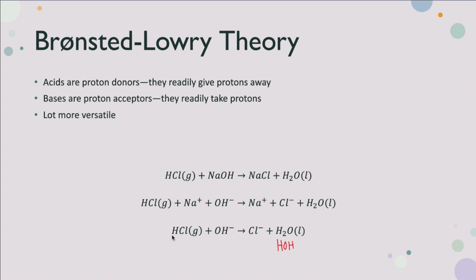So this hydrogen ion essentially broke off the HCl and went and attached itself to the OH minus to make water, which means that the HCl gave this H plus and the OH minus accepted it. So this means that the HCl is a Brønsted-Lowry acid since it gave away that H plus, while the OH minus is a Brønsted-Lowry base since it accepted that H plus.